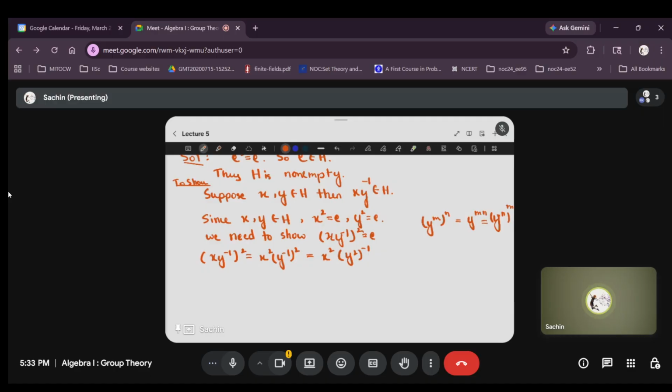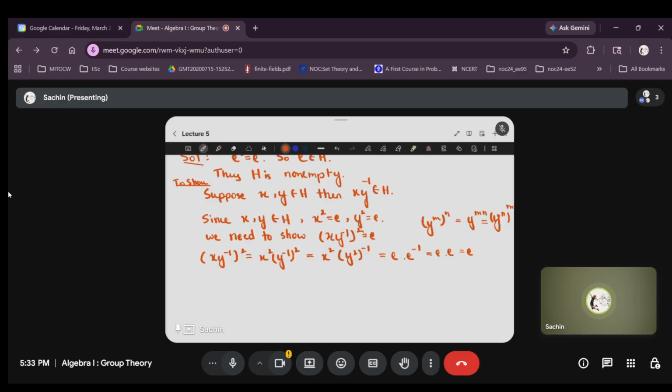But we know that X square is equal to E and Y square is equal to E. E inverse is simply E. So this is E. That's why whenever X and Y are in H, X Y inverse is in H. So by the one-step subgroup test, H is a subgroup of G. Now you don't have to show closure and the existence of inverse separately, and that the identity is in the group.